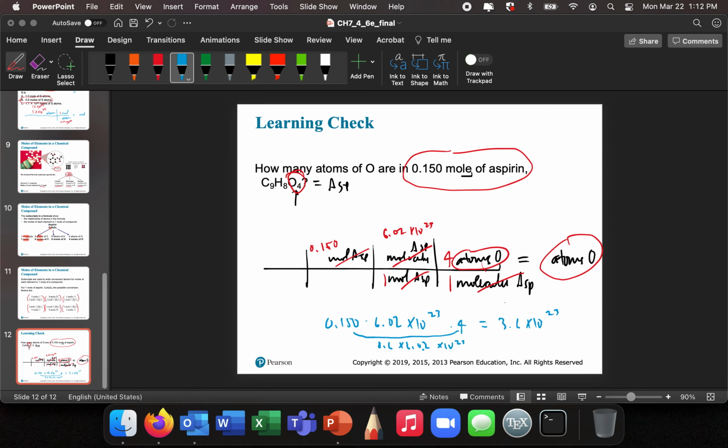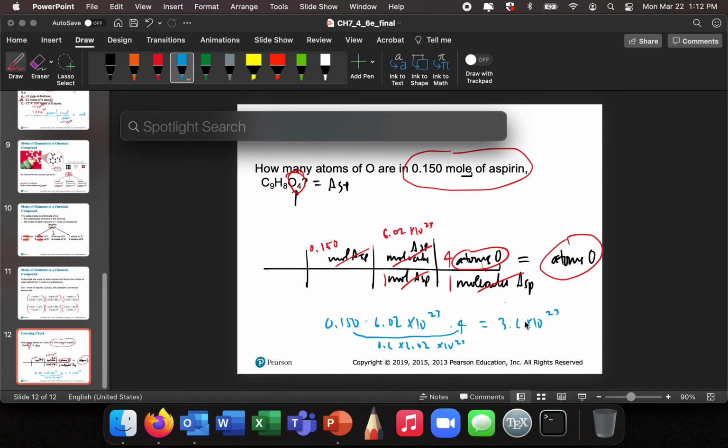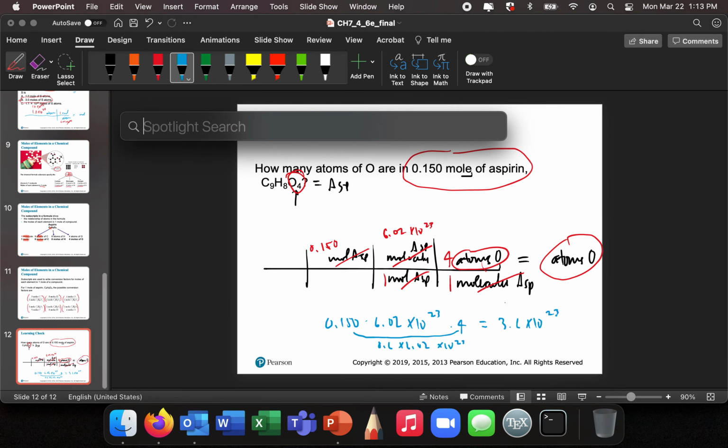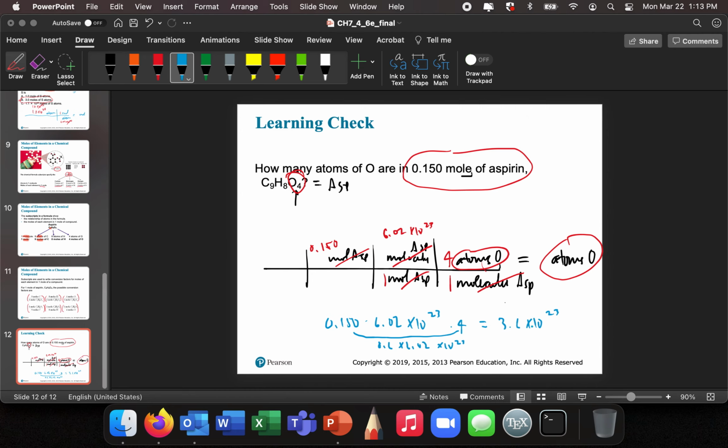There are 3 sig figs, so I can't leave it at 3.6. It's going to be 3.60. Let's do this: 0.6 times 6.02 gives me 3.61. So 3.61 times 10 to the 23rd atoms of oxygen. Hope that's helpful.